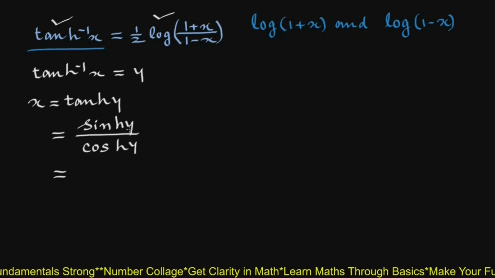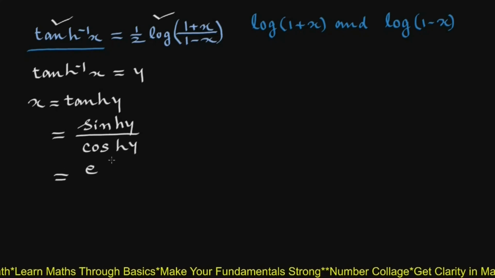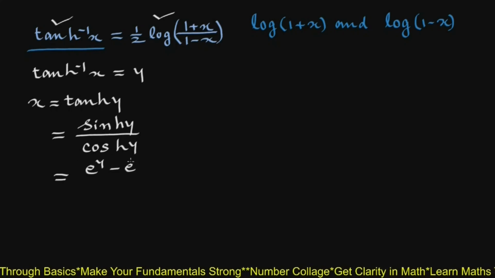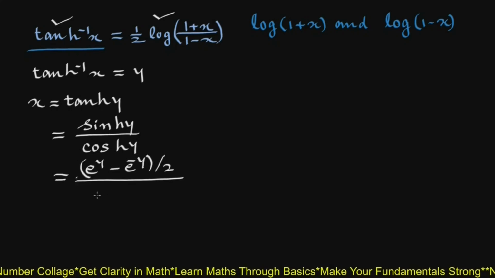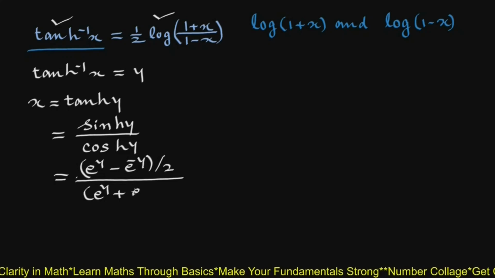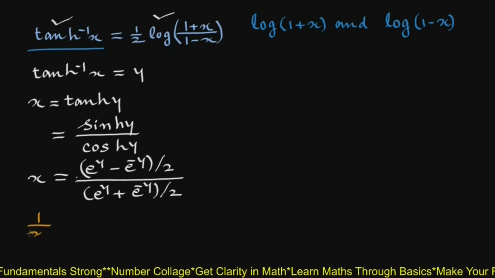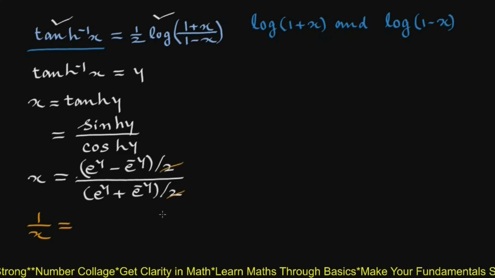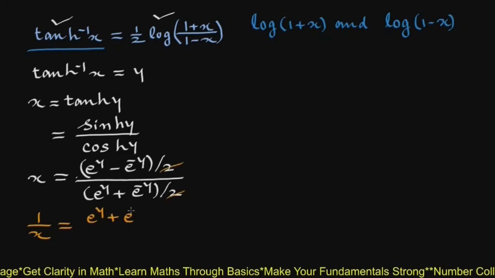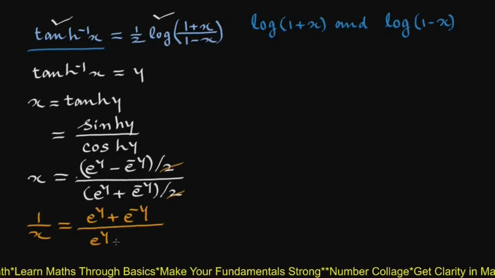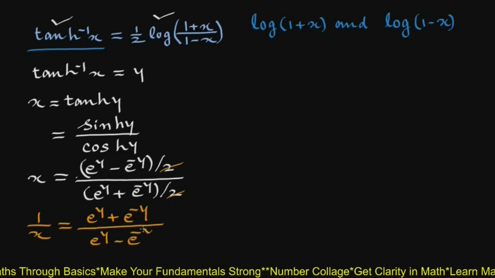Now hyperbolic sin y is (e^y - e^(-y))/2 upon (e^y + e^(-y))/2. So 1/x will be, after cancelling this 2, (e^y + e^(-y))/(e^y - e^(-y)).